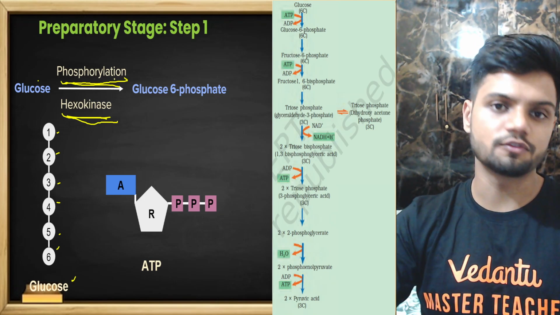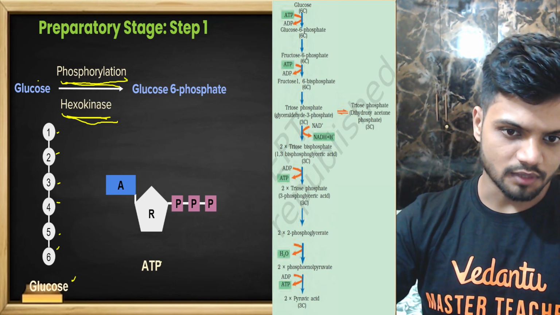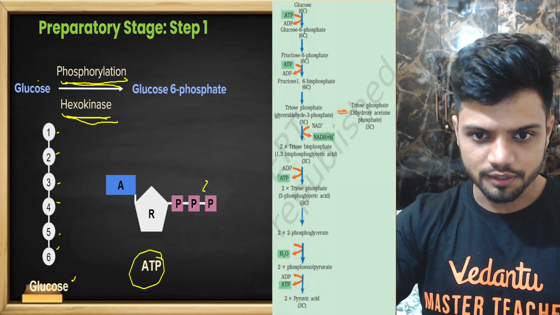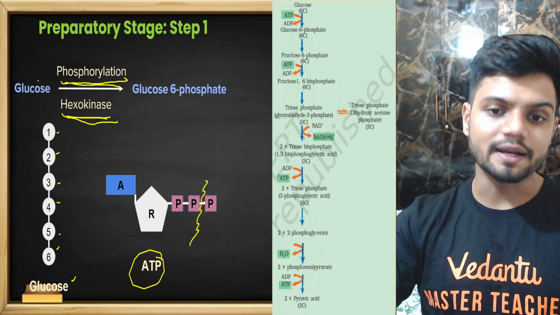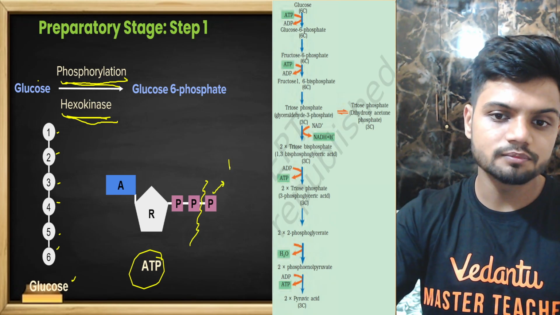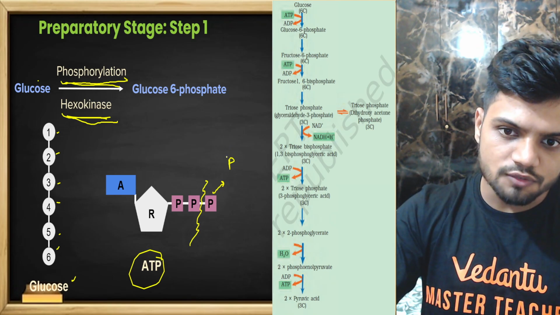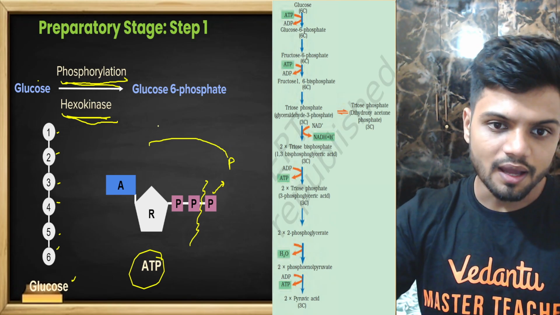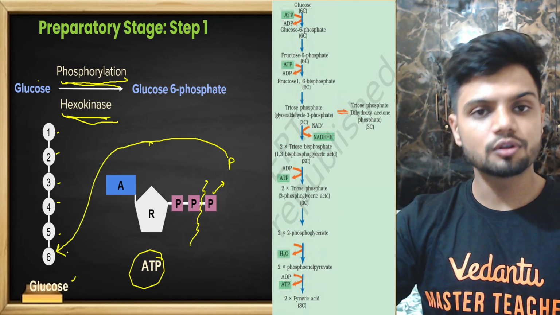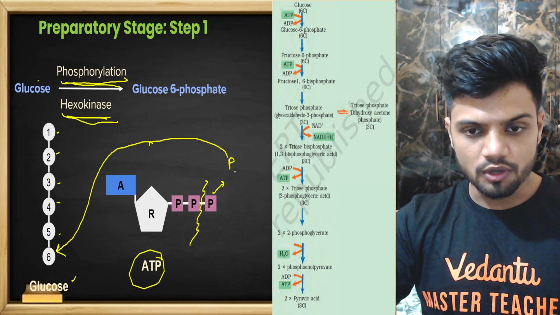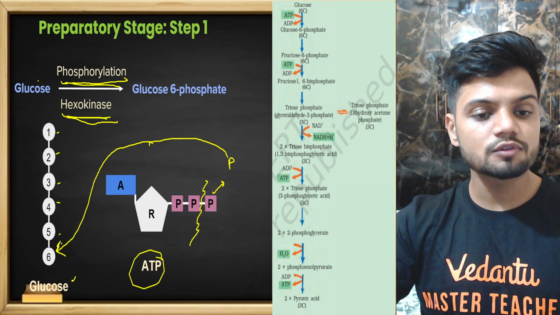Where are we getting this phosphate from? You see this ATP here? This bond is broken, and the free phosphate is attaching to the 6th position of the glucose.